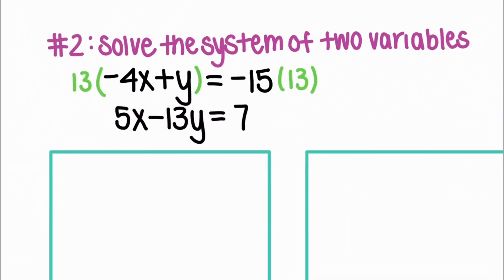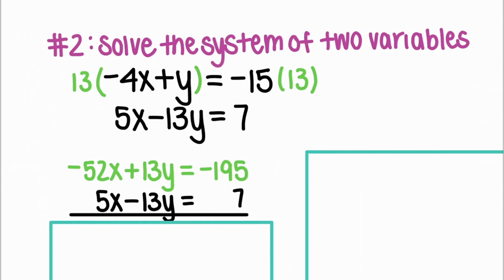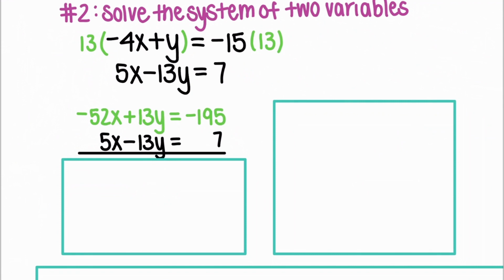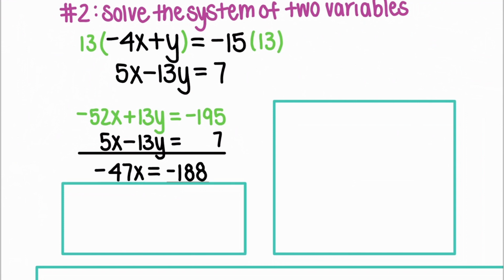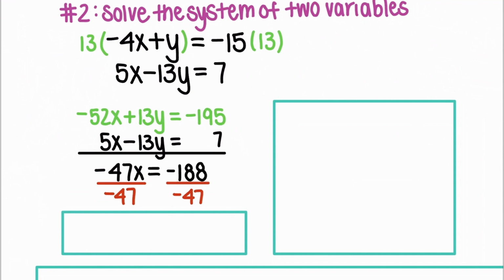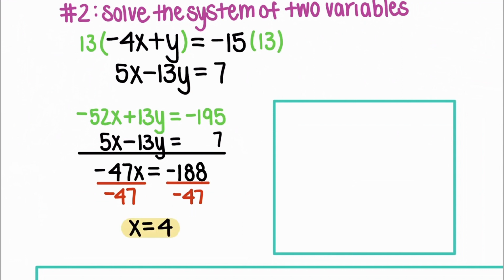So multiplying both sides of the first equation by 13, and again, we want to do this to create additive inverses of positive 13y and negative 13y, such that when we combine the two equations, it goes capiche. I don't even know if I used that correctly, but whatever. So solving for x, we have negative 47x is equal to negative 188. Dividing both sides by negative 47 gives us x is equal to 4.